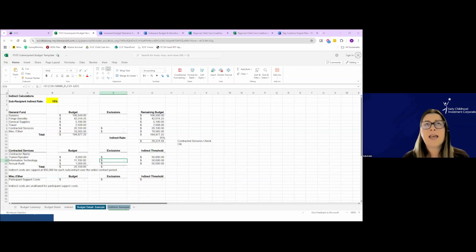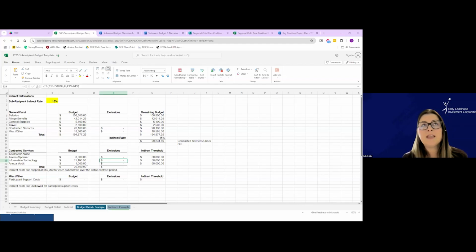Oftentimes we think of these as your executive level staff or your accounting staff. It might be cleaning services. There's really a broad range depending on what accounts your organization has or what expenses your organization incurs.